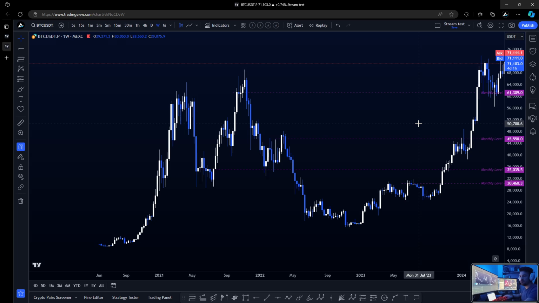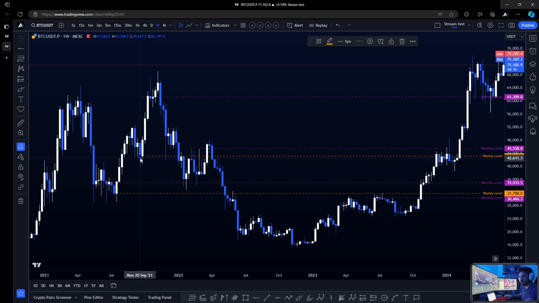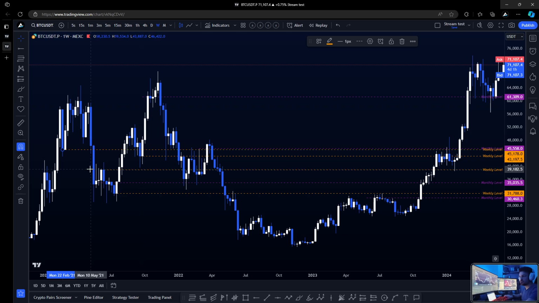So on the weekly, we have this guy over here, which as you can see was already a nice support and resistance here. We have this guy over here, this guy, we have this one too, and I'm not sure if I should put this one or that one.